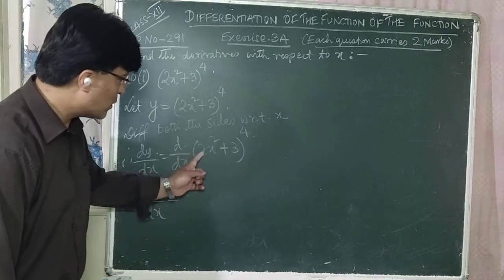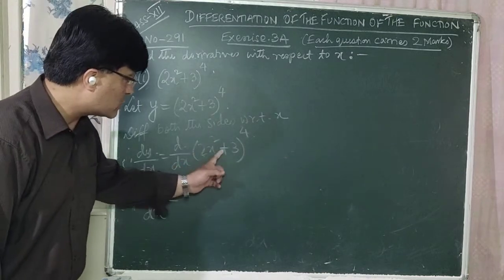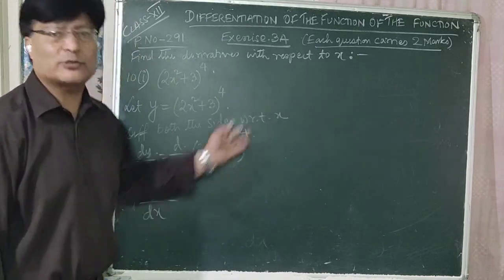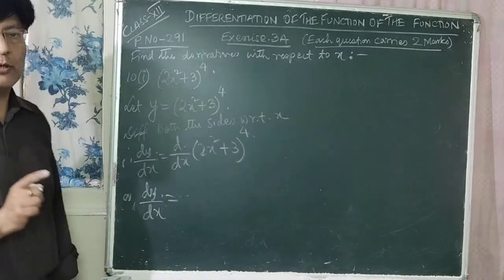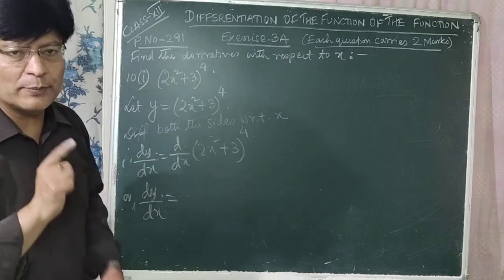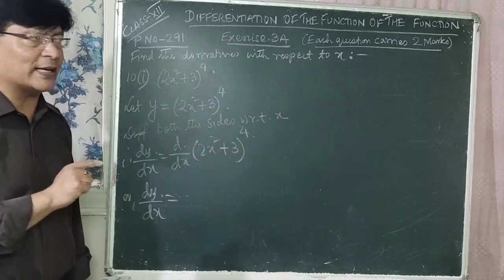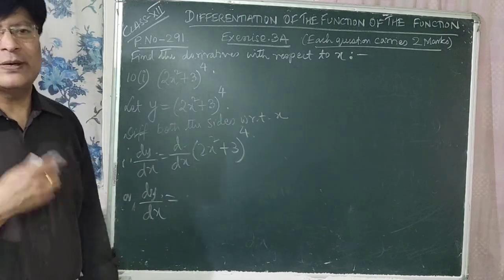First of all, 2x² + 3 is the first function here, so you should take 2x² + 3 as x. So it is x⁴. That is, the expression within the bracket, raised to the power 4, should be taken as x. You can easily differentiate it.